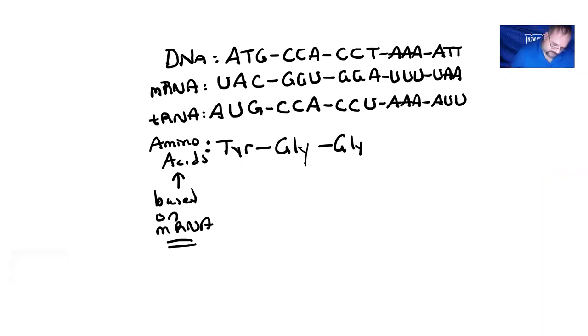So we would have two glycines back to back here. UUU would give us phenylalanine, PHE. And then UAA would actually be a stop codon. So we would have a signal to come to an end. All right. So tyrosine, glycine, glycine, phenylalanine, and then stop.